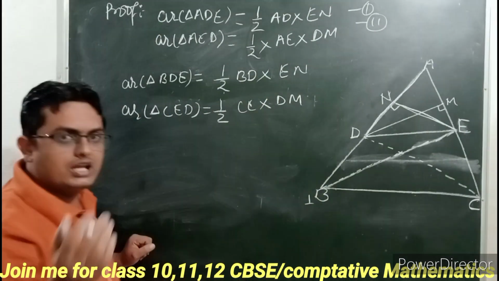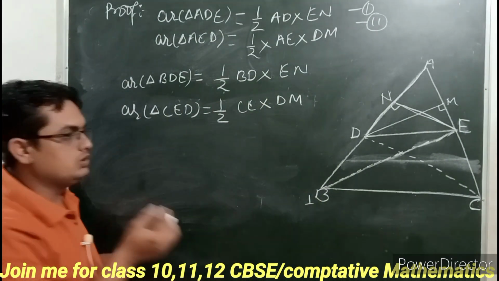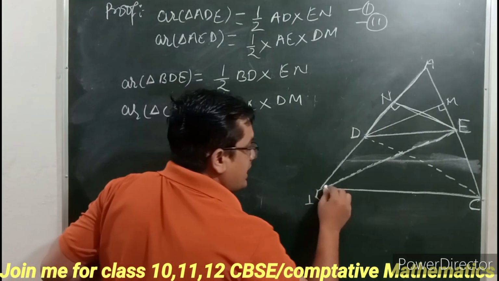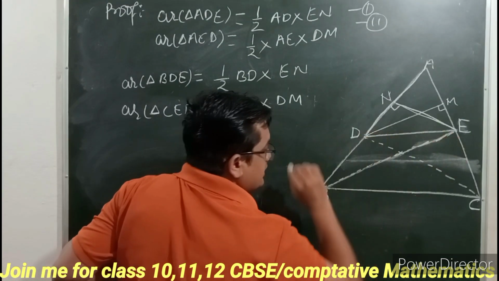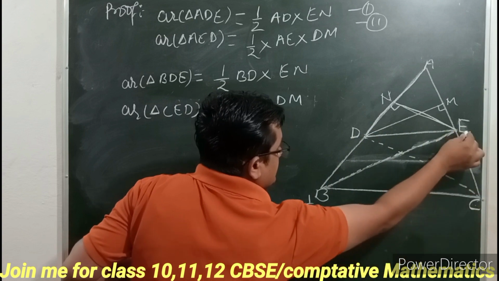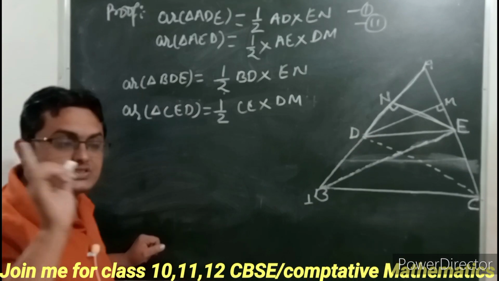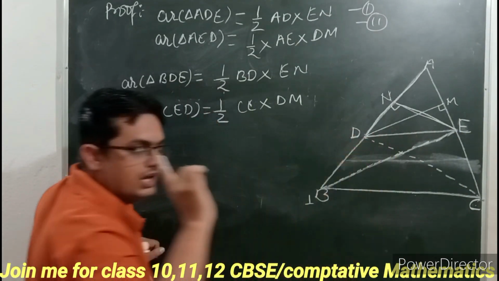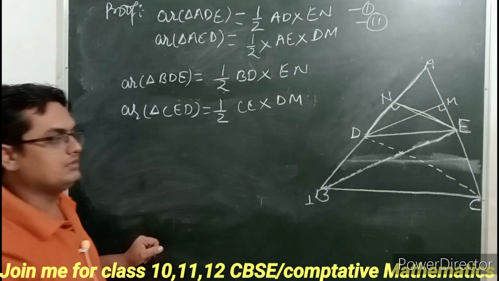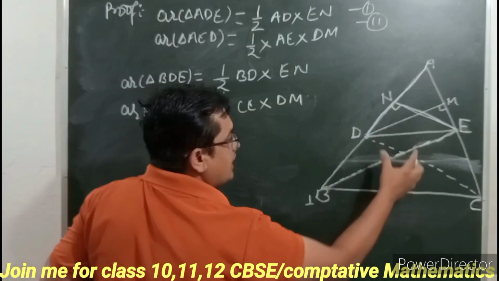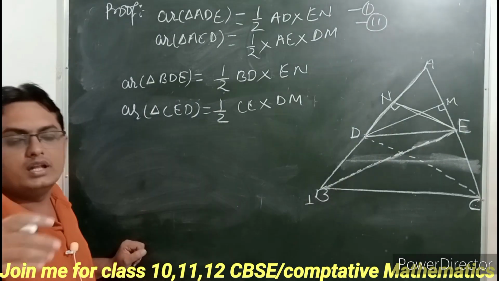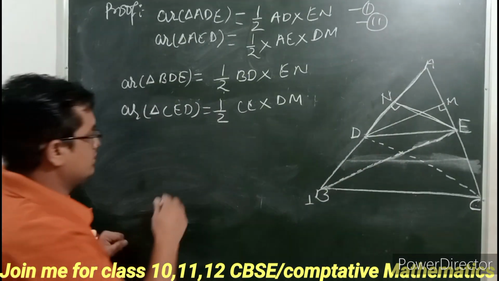Now, as I have told you, triangle BED and triangle CED lie on the same base and between the same parallels BC and DE, so they will be equal in area.